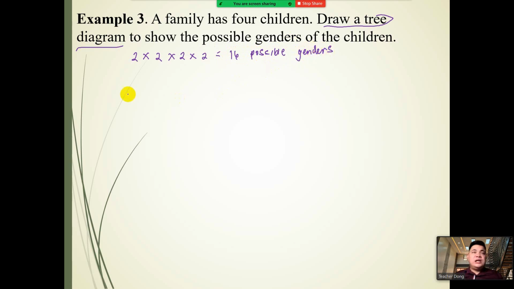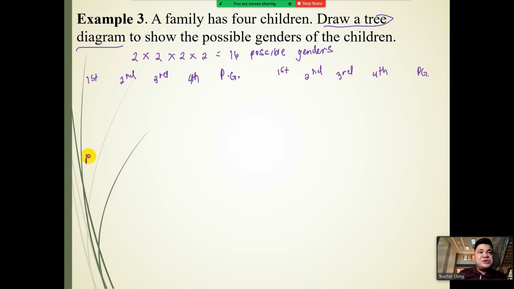Okay, now let's draw the tree diagram. So first, we have the first child, the second child, the third child, and then the fourth child. So we have the possible genders. Let's start from the first child.